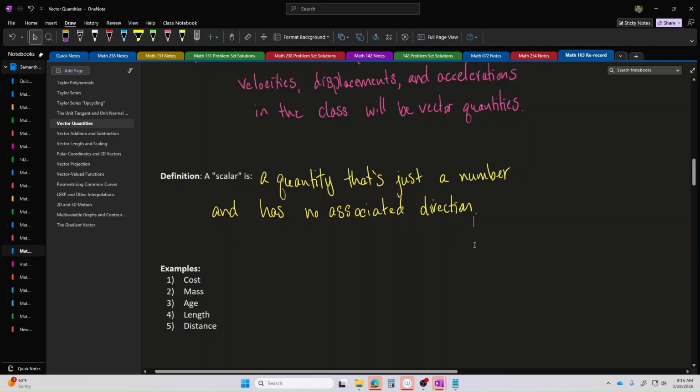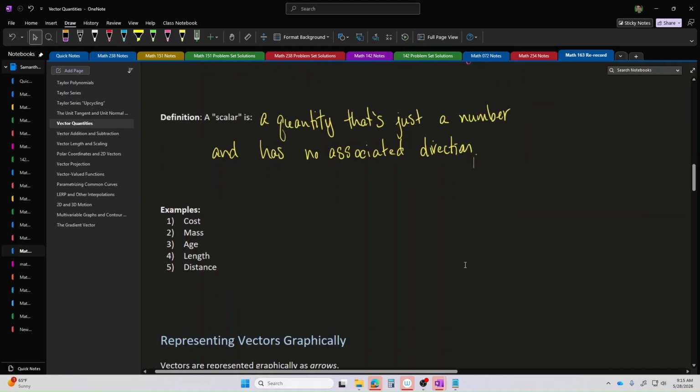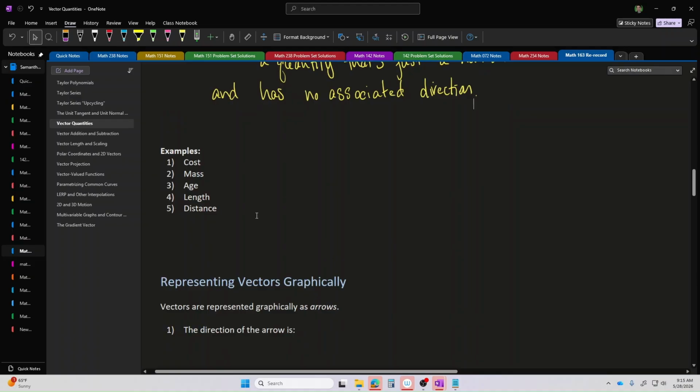For examples of some physical quantities that are scalars and not vectors, we could talk, for example, about the cost of an object. The cost of something in the store could be communicated via a single number. For example, this item costs $120. The mass of an object can be communicated by just a single number.